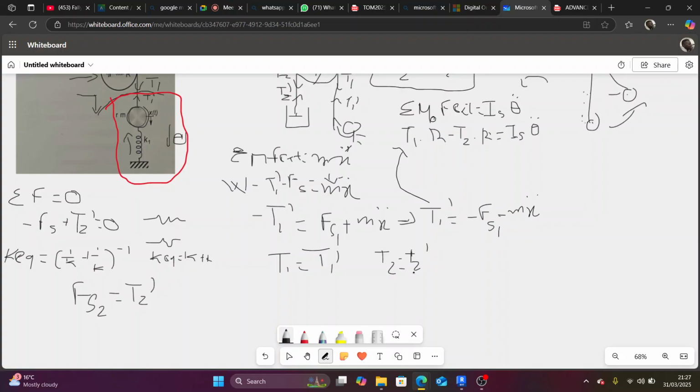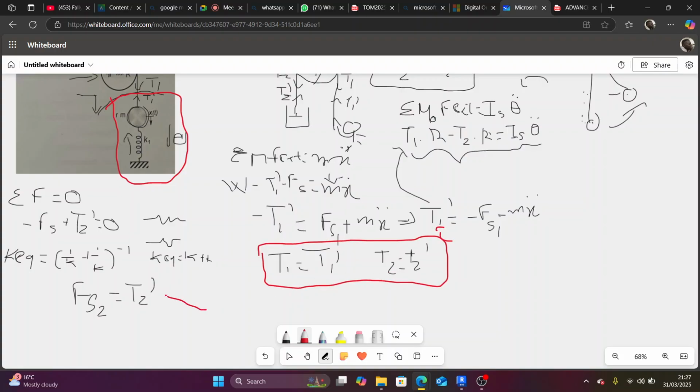Wait. You are saying we are replacing what? Do you remember this equation of the moment? What do we have? T1 multiplied by R minus T2 multiplied by what? By R. Now, we do have this relation here of tensions. Do you have T1 prime?